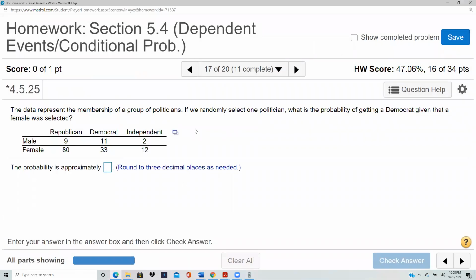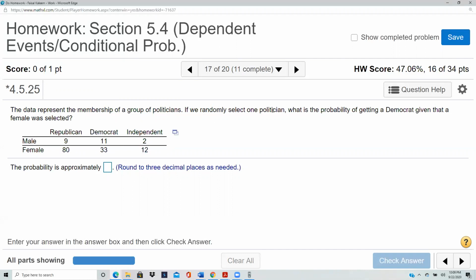The data represents group membership of politicians. If we randomly select a politician, what's the probability of getting a Democrat given that a female was selected? Again, the same thing we mentioned previously: whatever is given is the whole world. So given that a female is selected, the females are the whole world in this problem. The males don't exist. So the females are 80 plus 33 plus 12, which is 125.